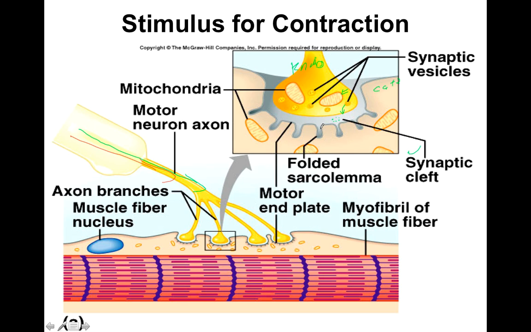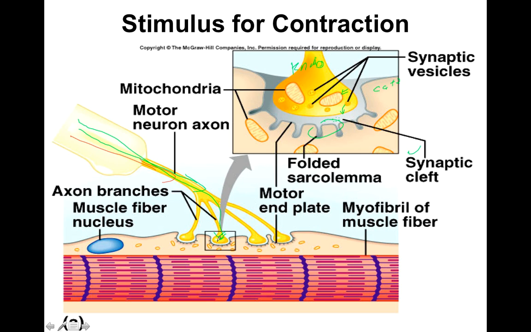And that acetylcholine binds the receptors on the motor end plate, which is that folded part of the sarcolemma, and that sends a signal into the muscle. So go through this. The signal comes down, reaches the synaptic knob. That causes calcium to flow into the synaptic knob.